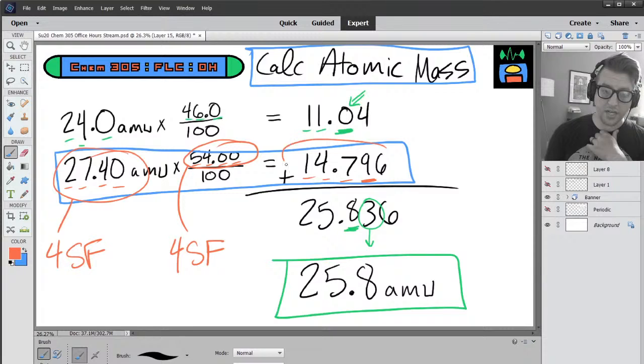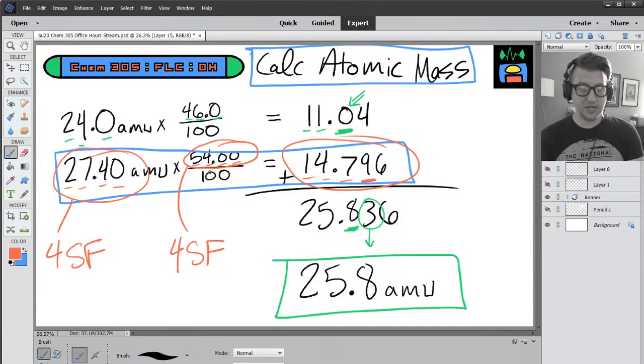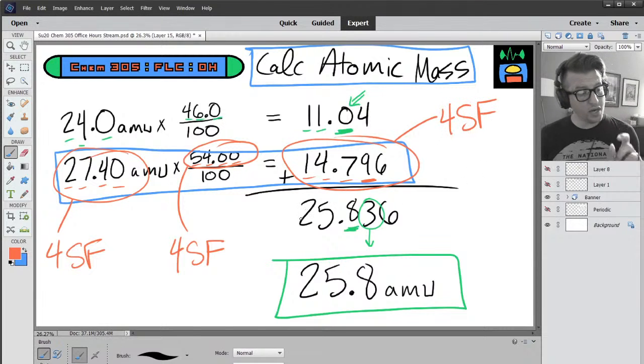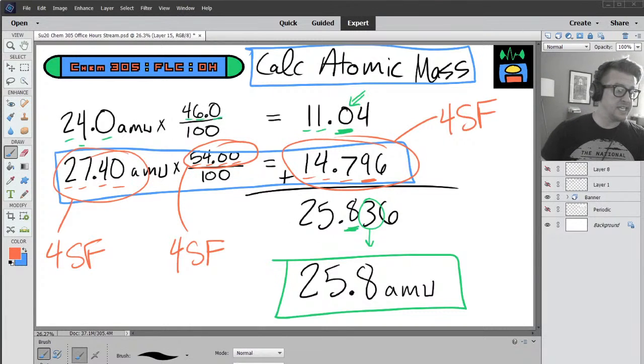So the product of these 3 numbers, divided by 100, has 4 sig figs. So that individual product has 4 sig figs? No. The 100 is exact.